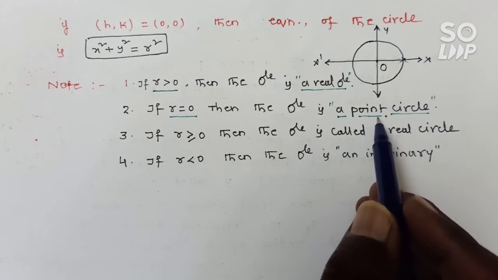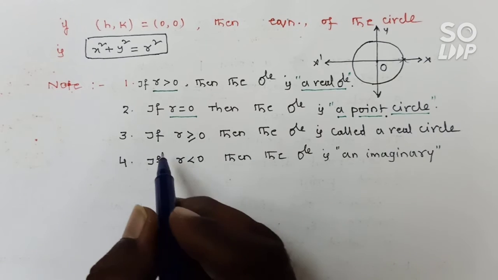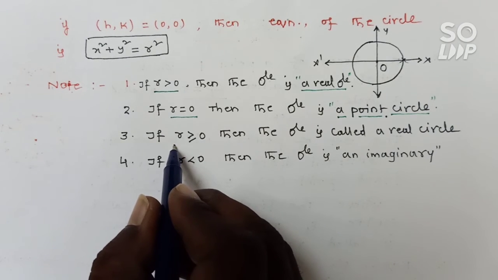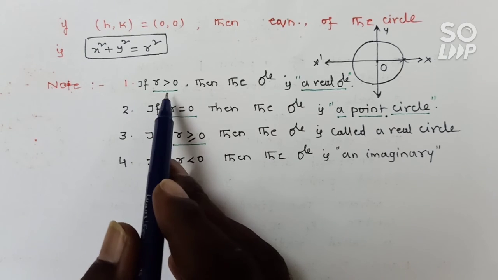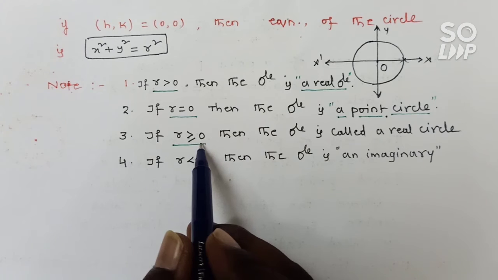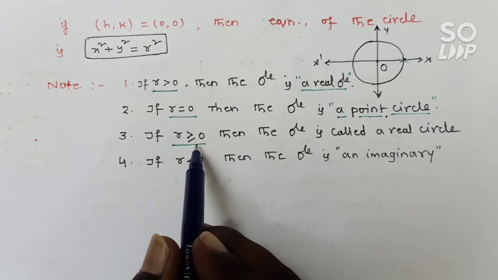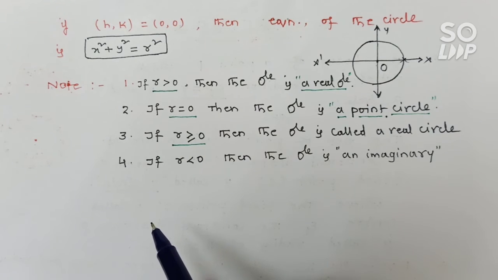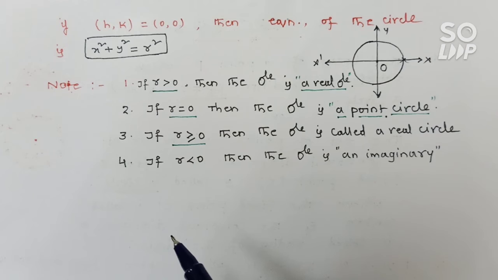Now, a point circle is also called a real circle. So here you can write that if r is greater than or equal to 0, that is a real circle. When r is equal to 0, it is also a real circle, but all real circles need not have r equal to 0.